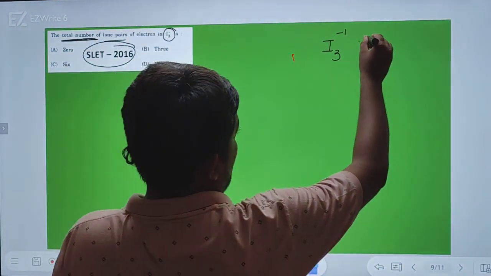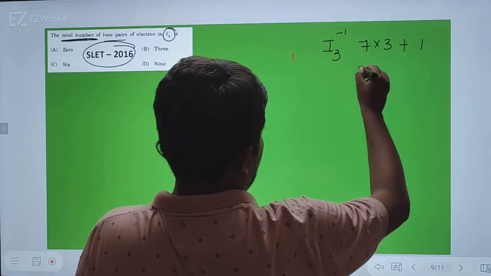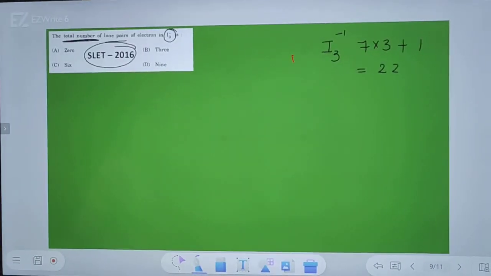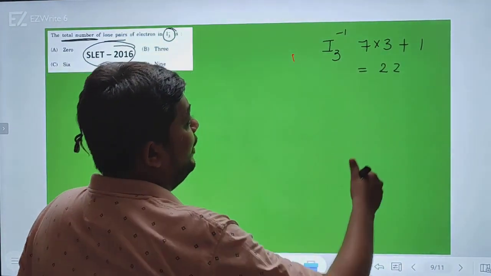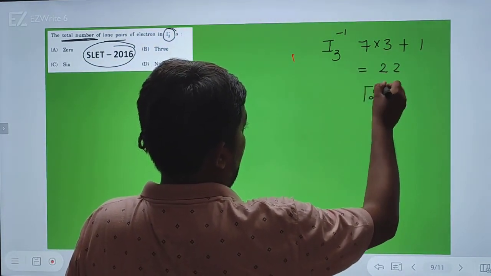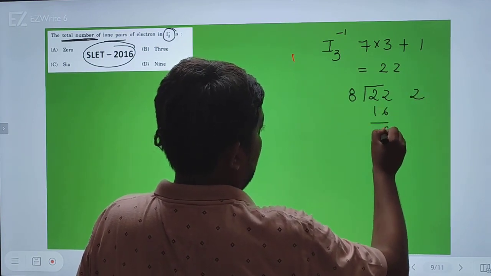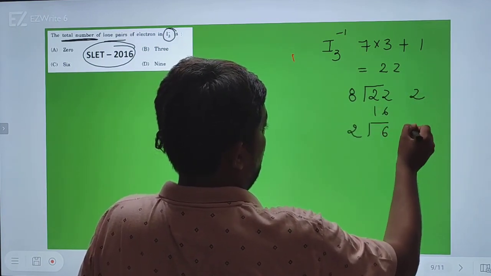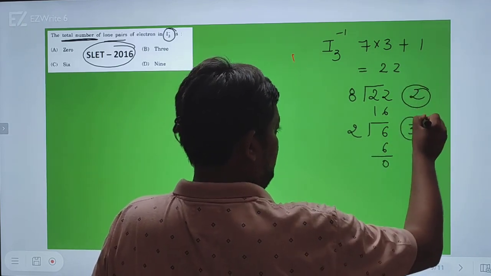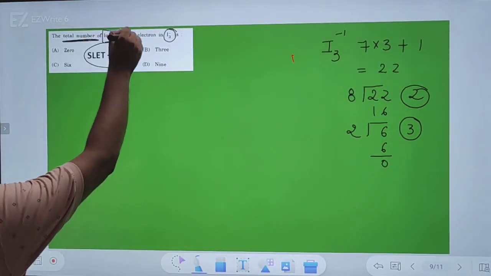Each iodine is 7, so 7 multiplied by 3 plus 1 in excess, so it will be 22. Friends, whenever we get 22 and start dividing it by 8, we write 8 two times 16, left with 6, 2 three times 6, 0. 2 bond pairs, 3 lone pairs.